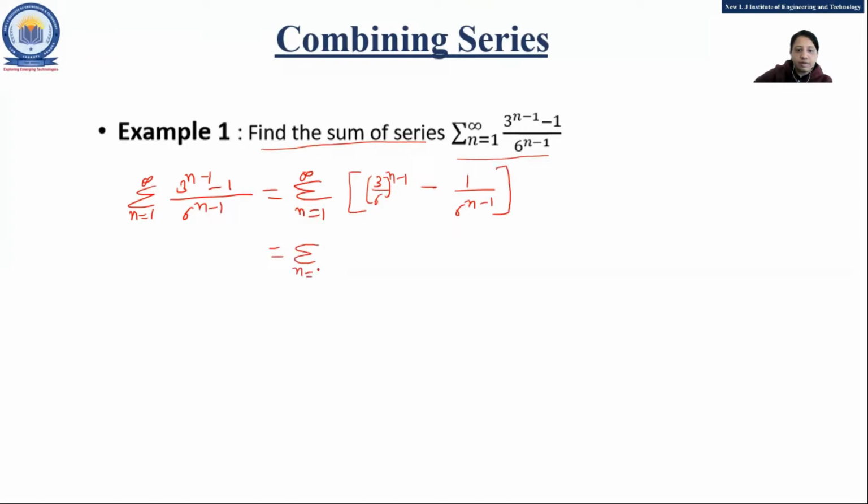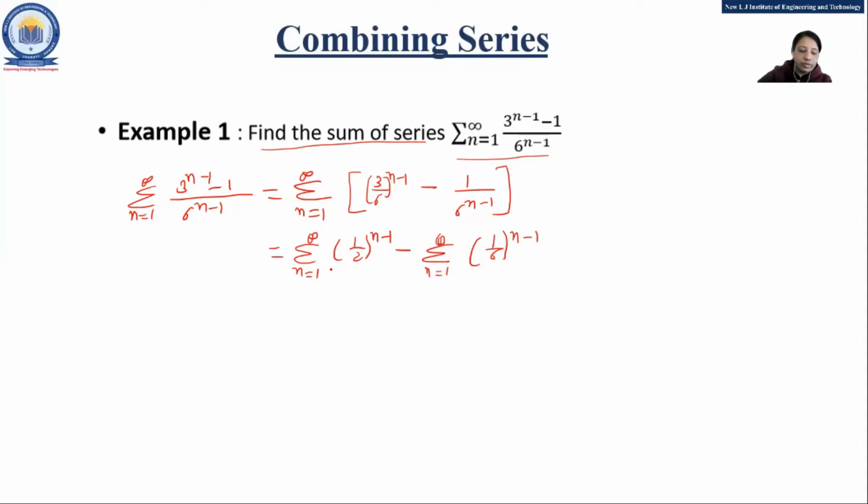So we get summation n equal to 1 to infinity of 1 by 2 raised to n minus 1, minus summation 1 to infinity of 1 by 6 raised to n minus 1, because 1 raised to any power makes no difference, the answer remains 1 only.